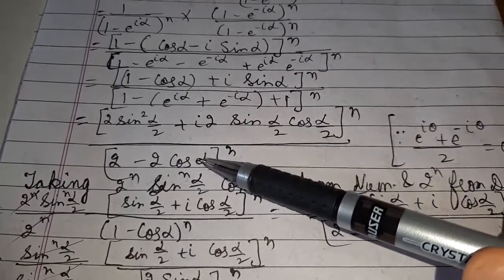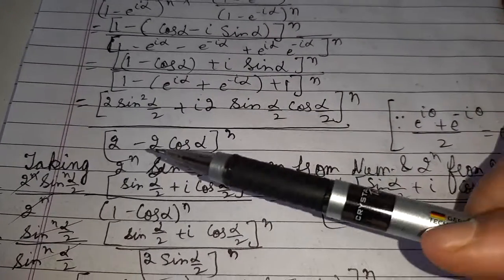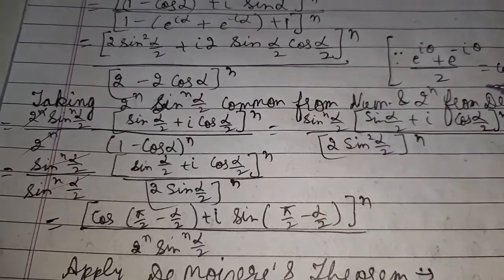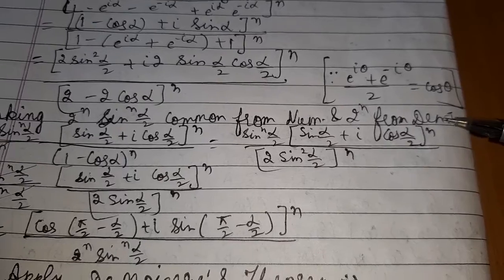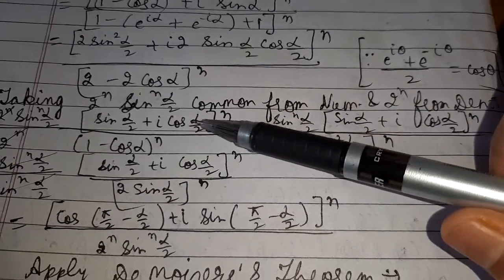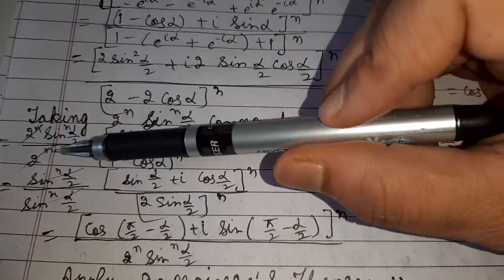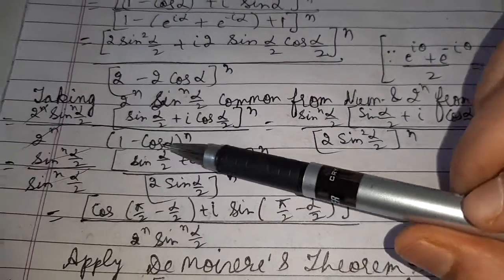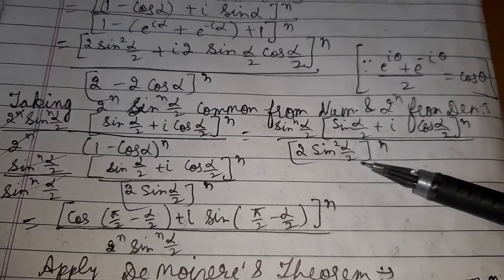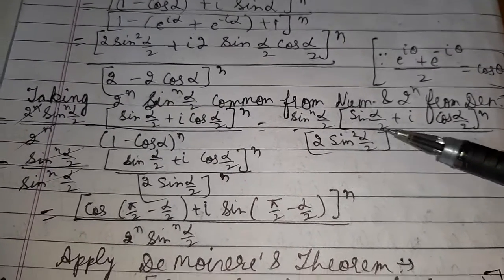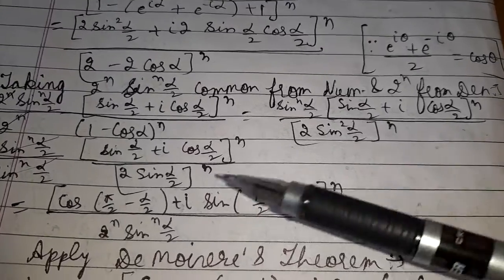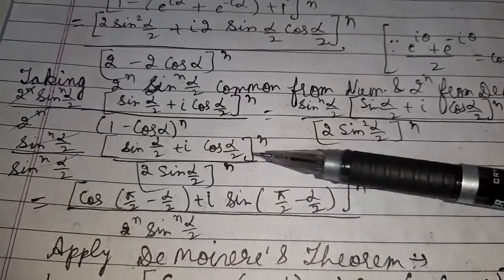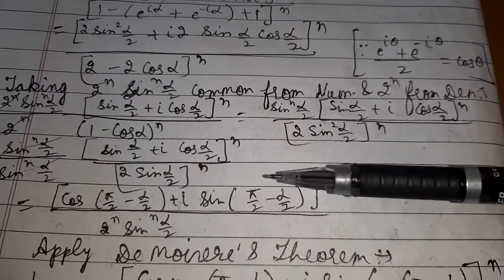Now taking 2 raised to power n sin raised to power n alpha by 2 common from the numerator and 2 raised to power n common from the denominator, we get this. Now 2 raised to power n cancels out and we are left with this. Now the formula for 1 minus cos alpha is 2 sin square alpha by 2. Again taking sin alpha by 2 common from here we get this. Sin raised to power n alpha by 2 cancels out and we are left with this.